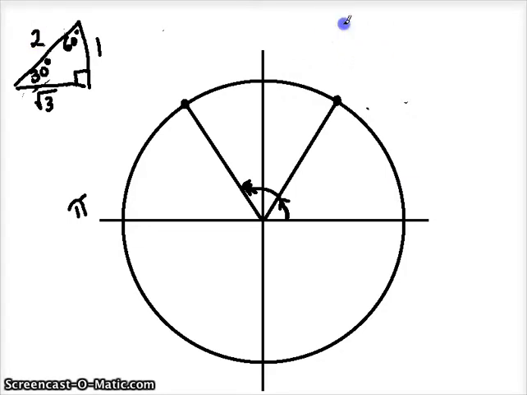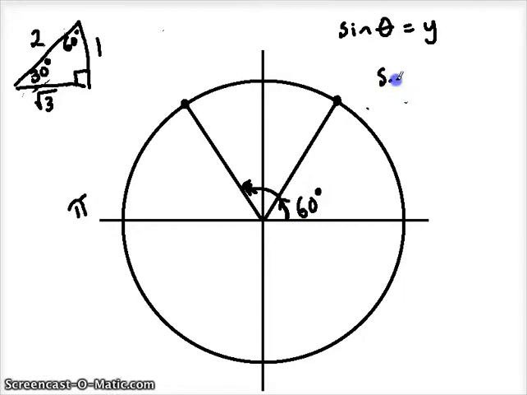So the sine is going to give us the y value. And so if we have a 60-degree angle here, the sine of 60 degrees is going to be equal to opposite over hypotenuse, or in other words, y over r.